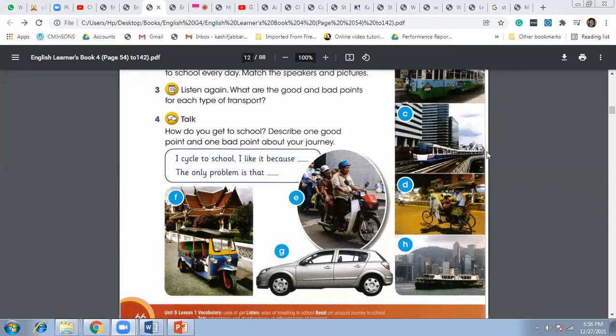Okay. Tell me here, you see these pictures? A, B, C, D, E, F, G, H. Yes. Which of these things have you used in your life? Have you sat in this? Yes.